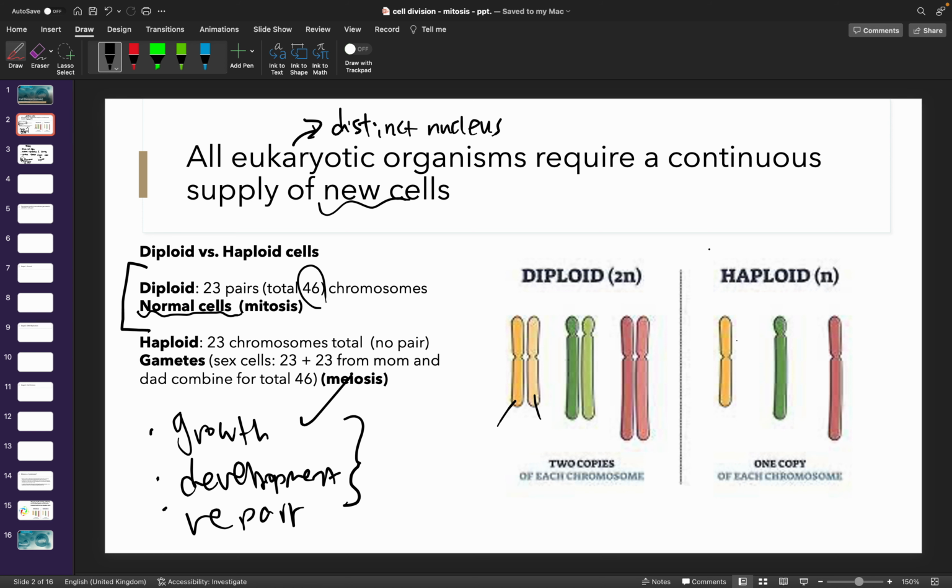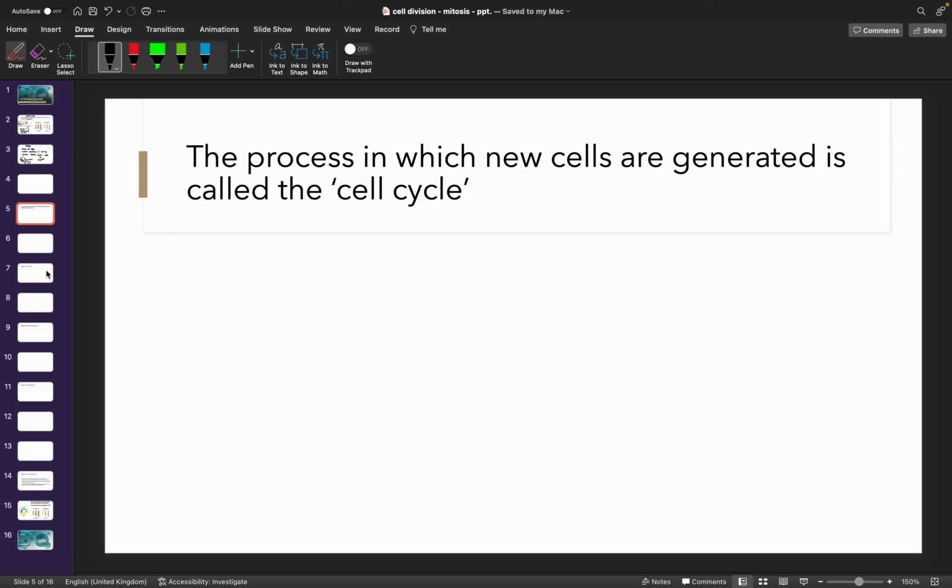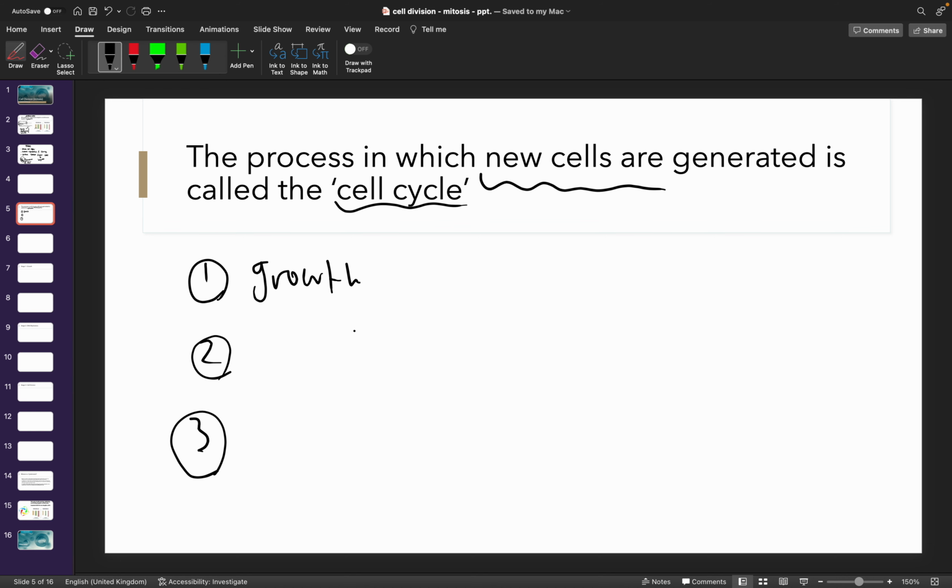The process of doing this is called the cell cycle. The process where new cells are generated is called the cell cycle. It's basically the life cycle of cells, and there are three main stages. Firstly, the cells need to grow. Then they have DNA replication, so their DNA is copied.